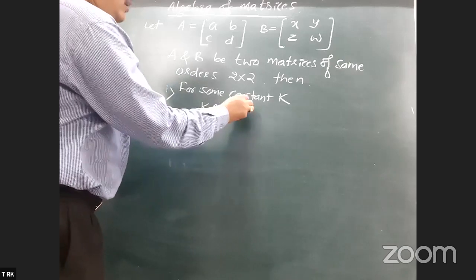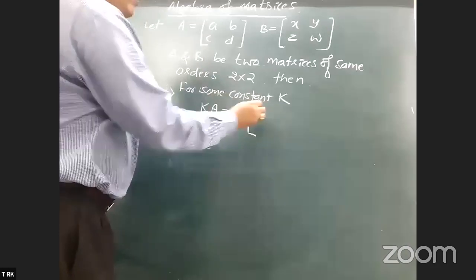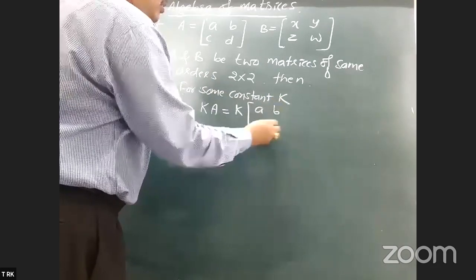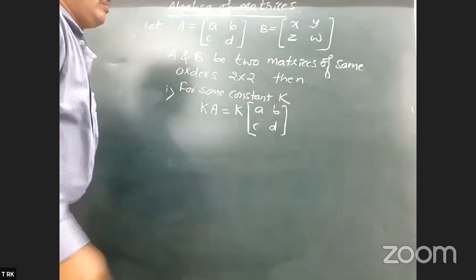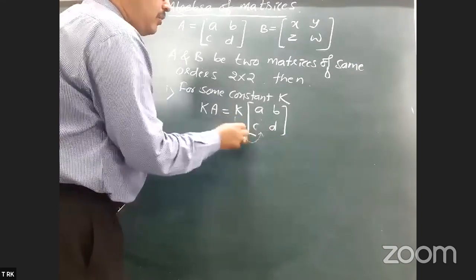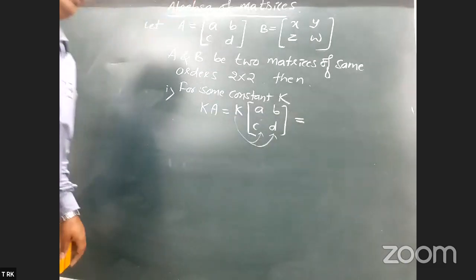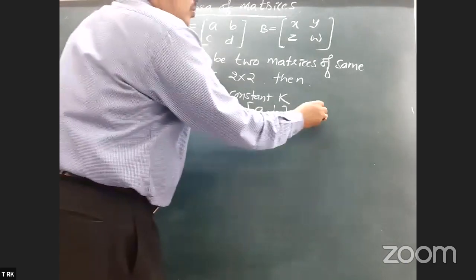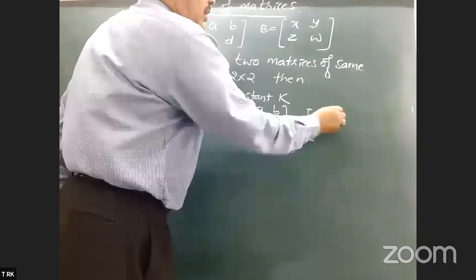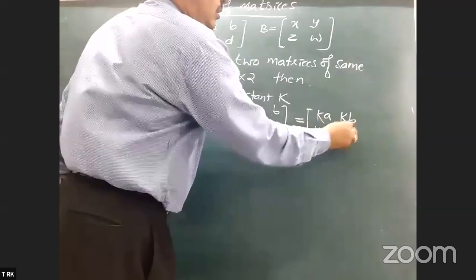k into A, where A is A, B, C, D. In this case, distribute this k to all elements of this matrix. That is, first row kA, kB, second row kC, kD.